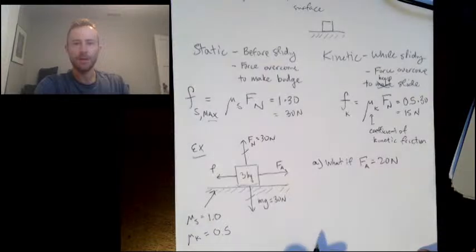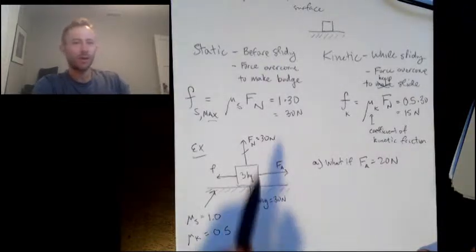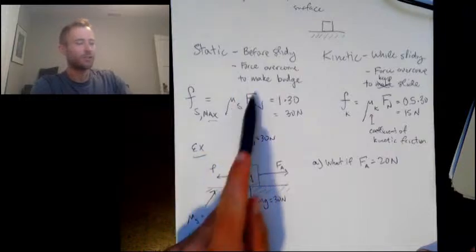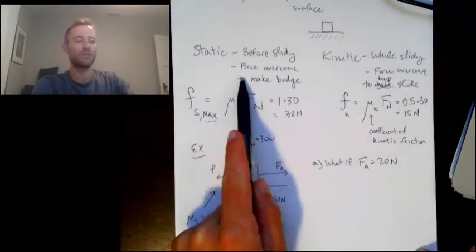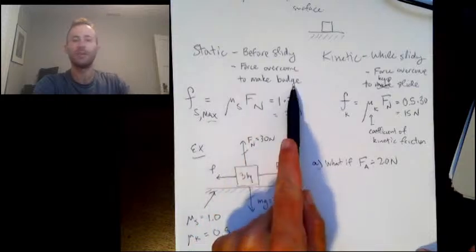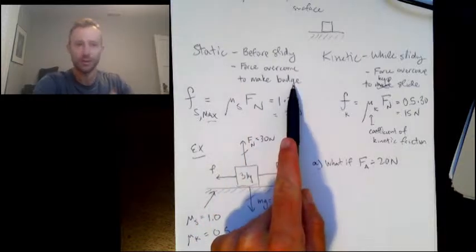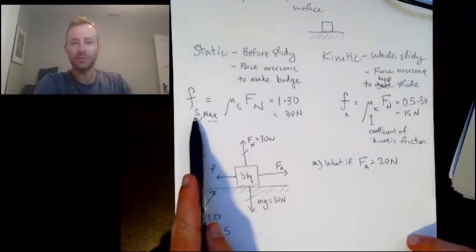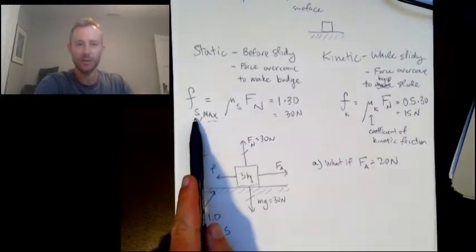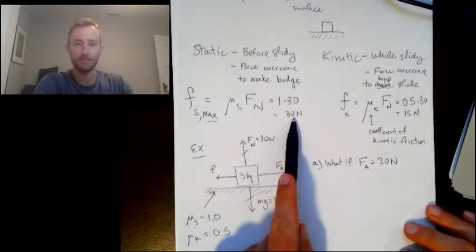All right. Well, how much force is required to make the box budge? That's static friction. So static friction is the force that must be overcome to make the object budge, to start to move. Okay. What is the maximum static friction? What is the biggest value static friction can have? 30.